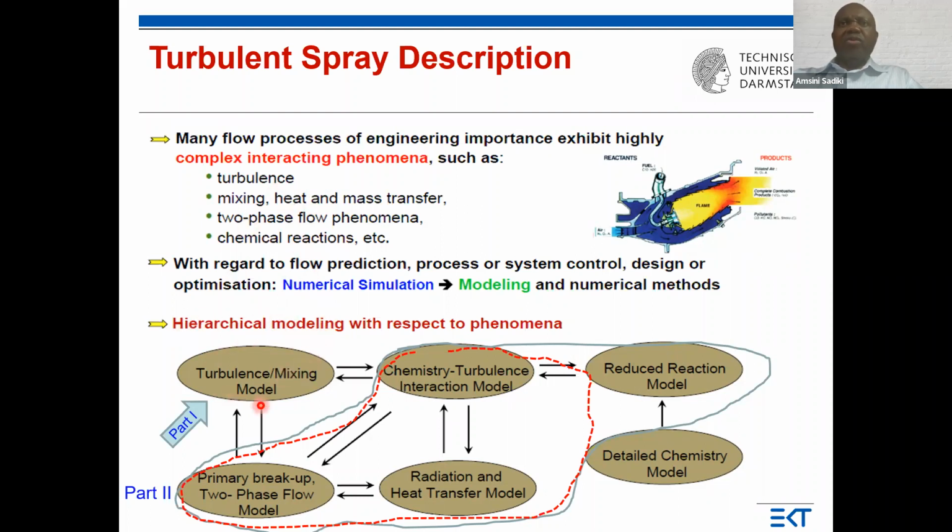We have here a turbulence and mixing model. We have two-phase flow, primary breakup, secondary breakup, interaction between phases. We have also chemistry. We can define it, reduce it, and it comes in interaction with the turbulence. We have a chemistry-turbulence interaction model, with different models. You have seen some in which we didn't consider the two-phase flow, so the PDF and different regimes of chemistry: premixed, non-premixed, also partially premixed.